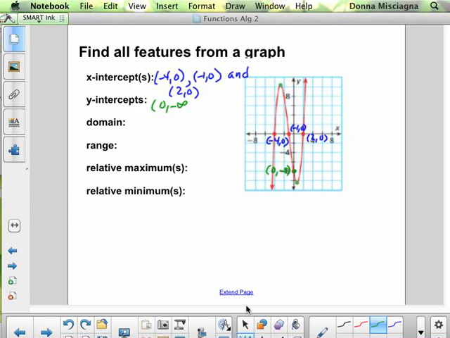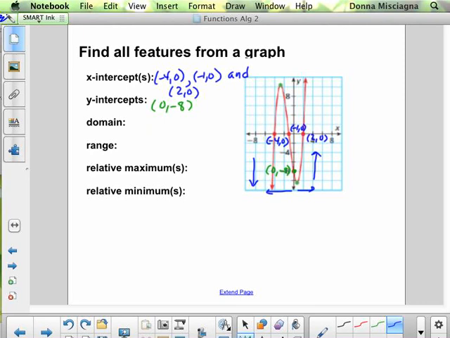Oops. I got too used to writing infinity symbols. There we go. And now our domain, we have arrows on both ends. So interestingly, on the x, we have arrows, so it's going to keep going out. And they're facing opposite directions, so it's going to keep going down, and it's going to keep going up.